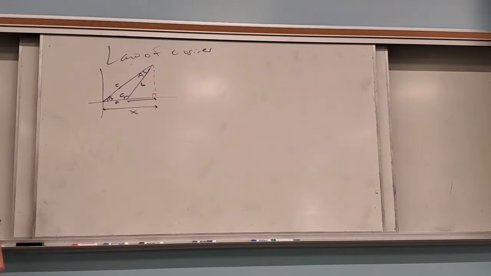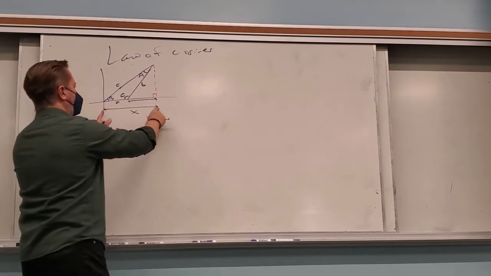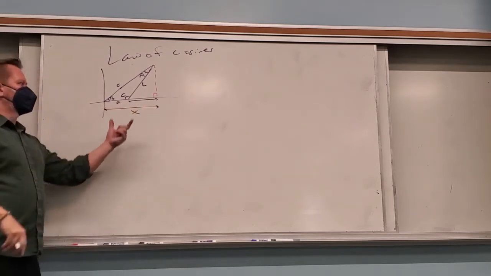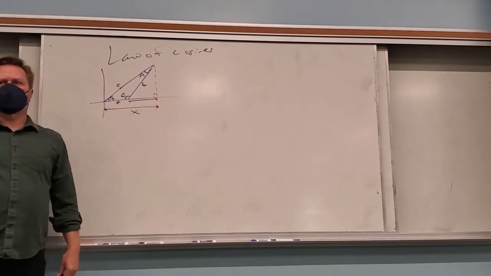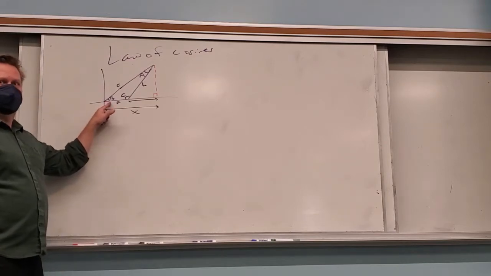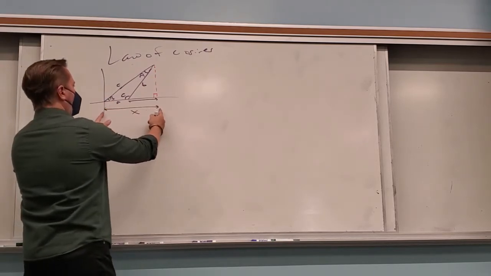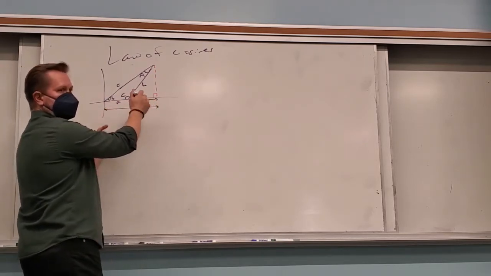Anybody? X over 2? Well, you don't know that it's cut in half. If x was 10 and a is 5, that's a bad choice. If x is 10 and a is 3, how long is this? 7. What did you just do? Didn't you just do 10 minus 3? Oh, x minus a. Yeah, it's the whole thing minus this much. And of course that leaves you with that much.